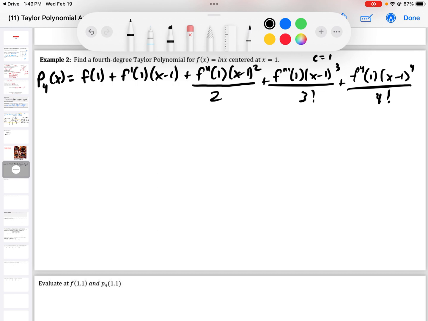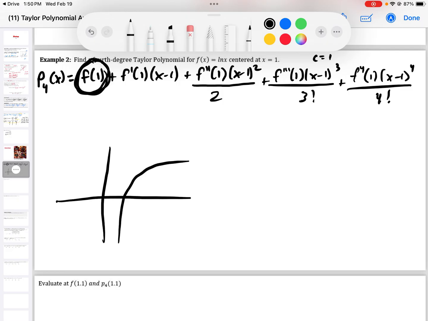All right, so this one, if it has fourth degree, it means it's going to be a little bit more accurate for a little bit longer than the third degree, which would be more accurate than a second degree, which would be more accurate than a first degree, which would be more accurate than just saying a line, right? So if I just said this was equal to this, here's natural log of x, right?